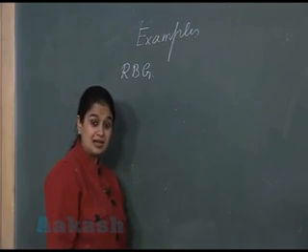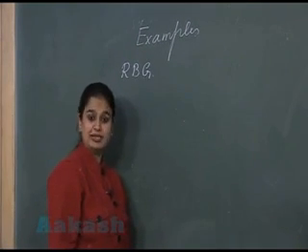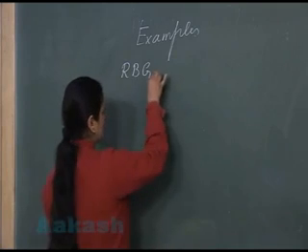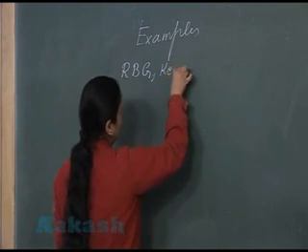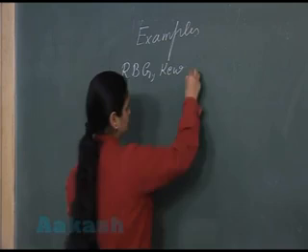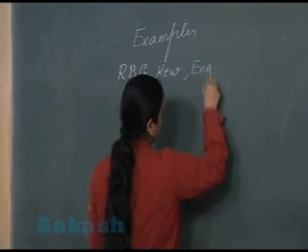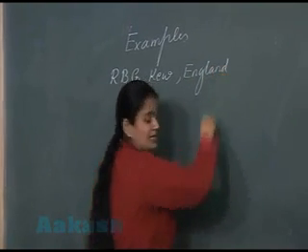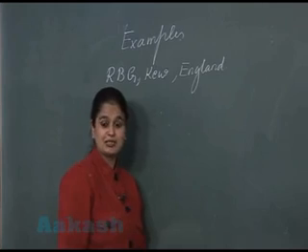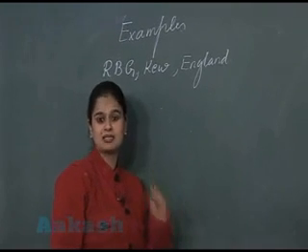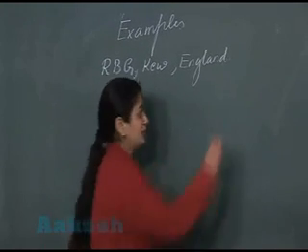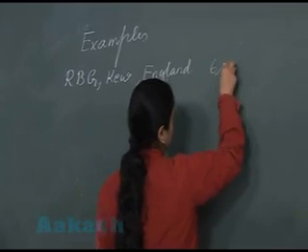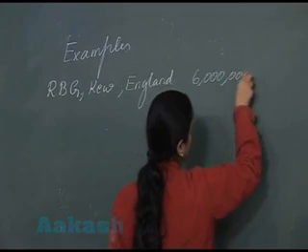A herbarium is associated with the Royal Botanical Garden. Yes, Royal Botanical Garden, it is in Kew, England. And the herbarium associated with it has the maximum number of specimens present, that is over 6 million.